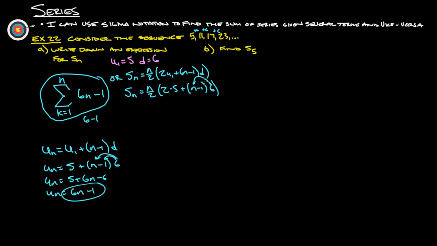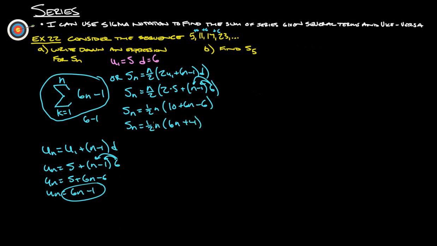So we're going to distribute that 6 back to both of these here, and we get S of n is n over 2. I'm going to actually write this as 1/2 n. You'll see why here in a little second when we're simplifying. 2 times 5 gives us 10, plus 6n minus 6, and we get S of n equals 1/2 n times 6n, and then 10 minus 6 is plus 4.